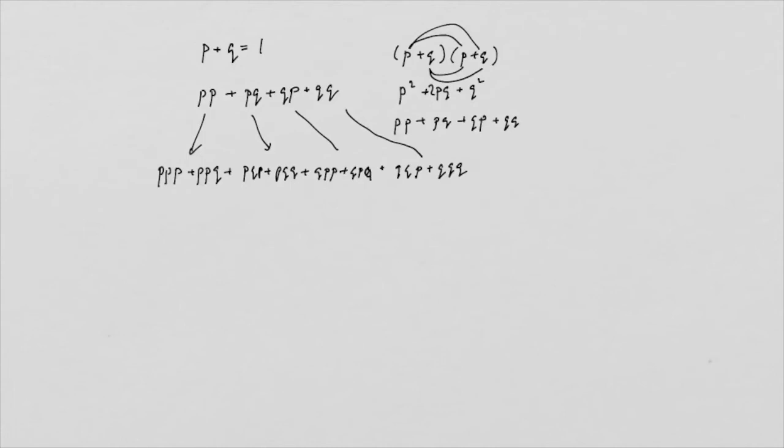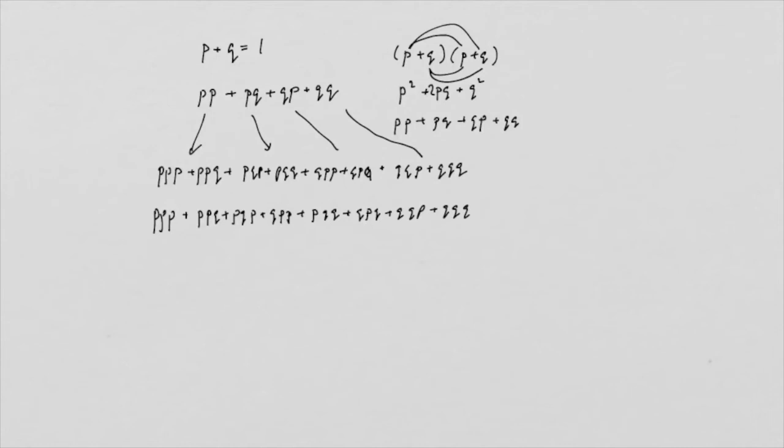And then we could group them, so the ones that have 3 heads, P, P, P, then the ones that have 2 heads, P, P, Q, P, Q, P, Q, P, P, the ones that have 1 head, P, Q, Q, Q, P, Q, Q, Q, P, and the one that has no heads, which is the same as 3 tails.